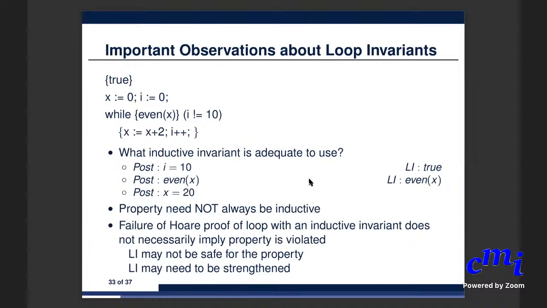If you propose, as a human being, an inductive invariant, suppose x is even, and your post property wants to prove x equal to 20, then your exit check will fail.